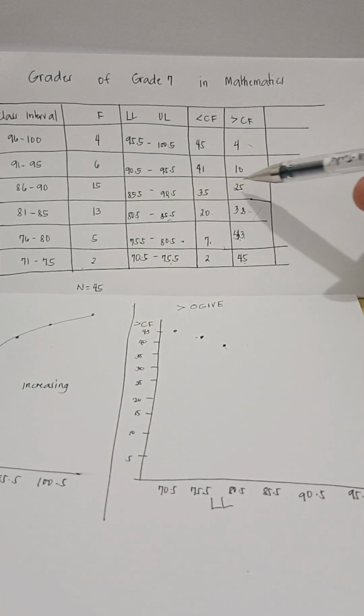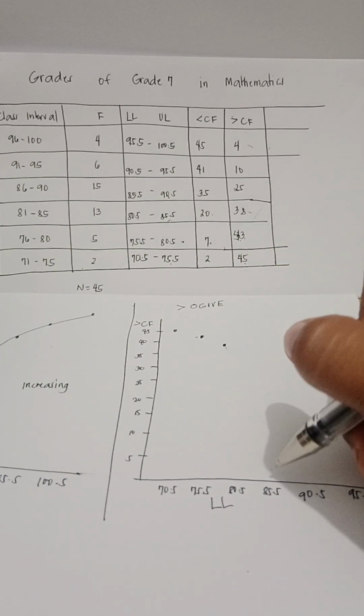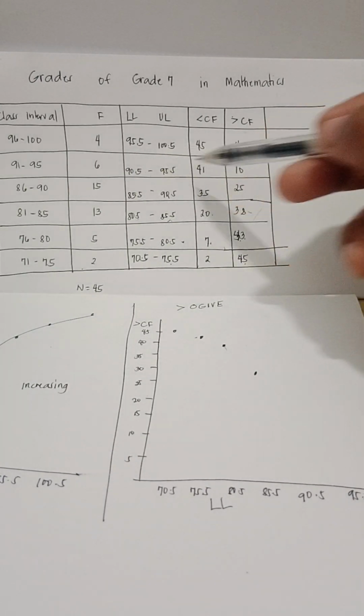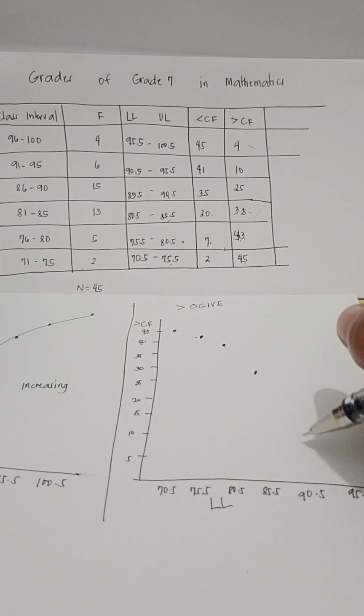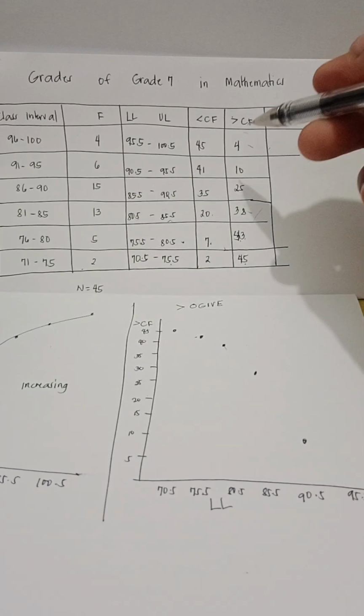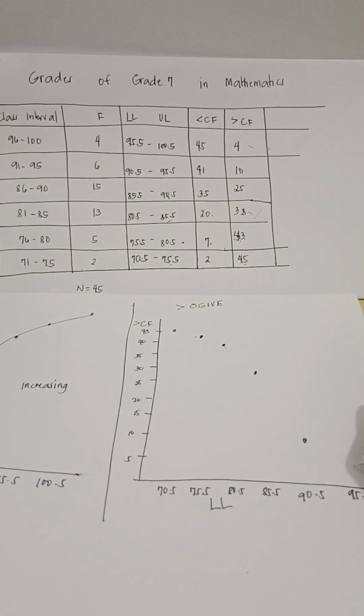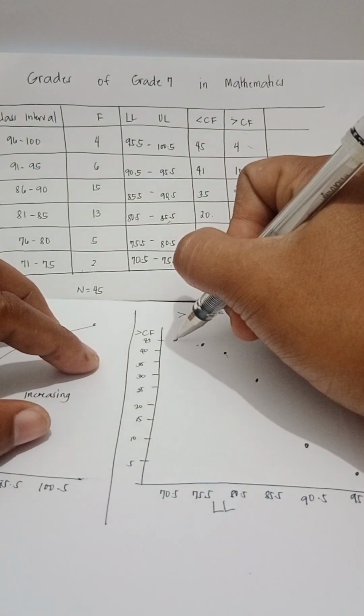For 85.5, that is 25. For 90.5, that is 10. And for 95.5, that is 4. Connect the points.